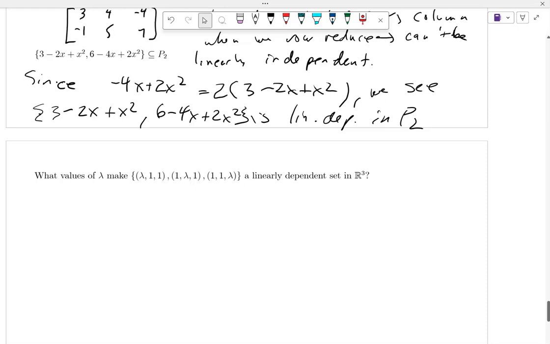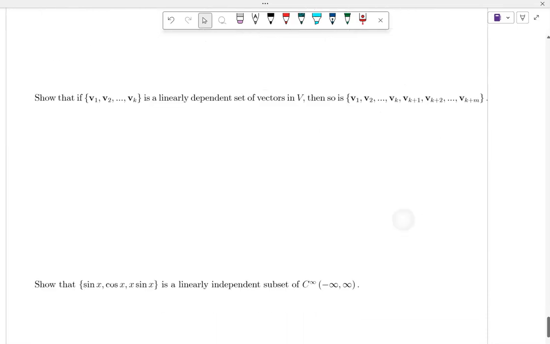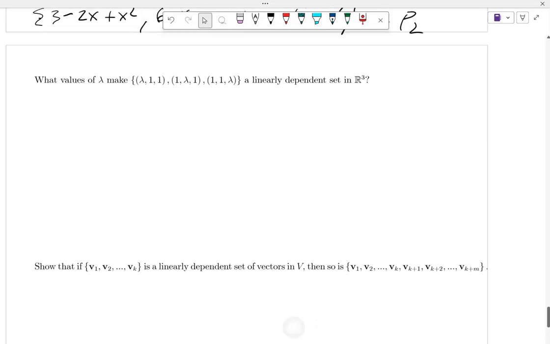All right. Let's look at this next question. It says, what values of lambda make a linearly dependent set? Now let's think about what it means to be linearly independent again, okay?